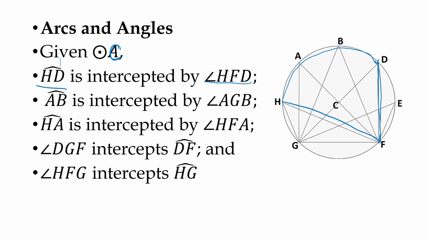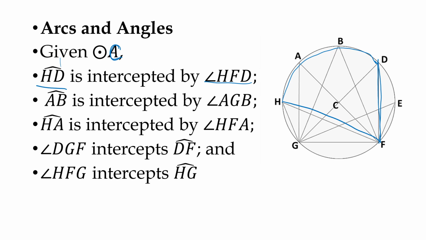Again, angle HFD is an inscribed angle. Diba? Ang inscribed angle ay may kaibahan sa central angle dahil ang central angle ay yung vertex ay nasa center. Dito ay wala sa center ng circle. So that is why it is an inscribed angle.